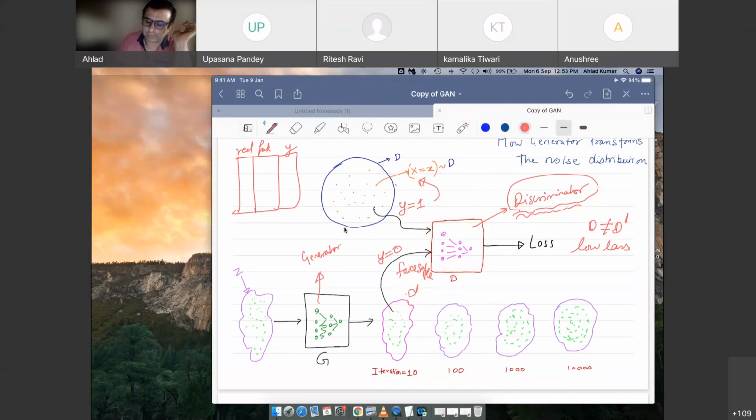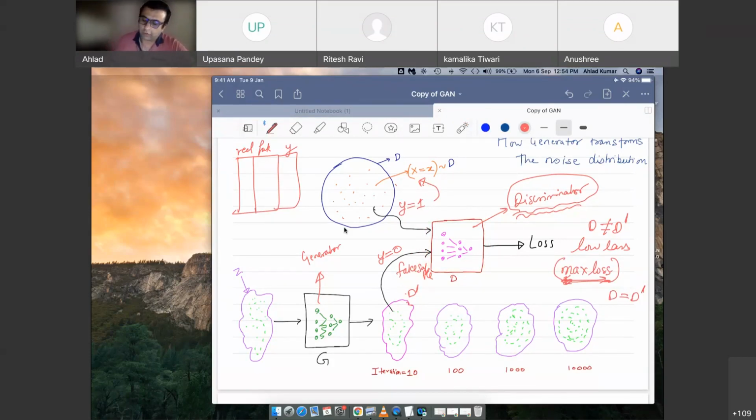At that time, it will generate a maximum loss. This is the point where your D will exactly become equal to D dash, because your discriminator fails to distinguish the samples coming from D dash from the samples which are actually coming from D.